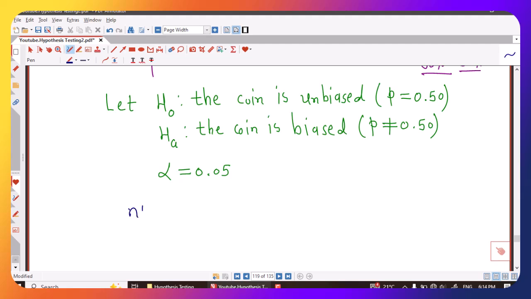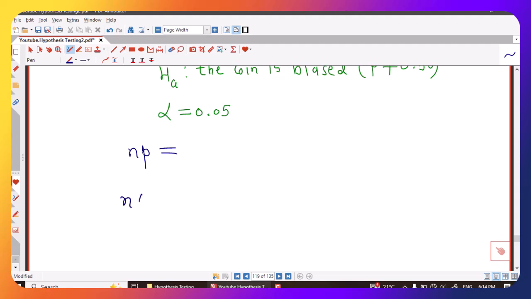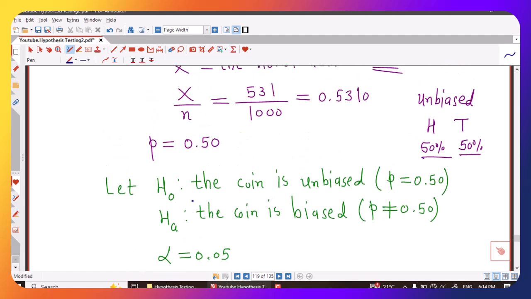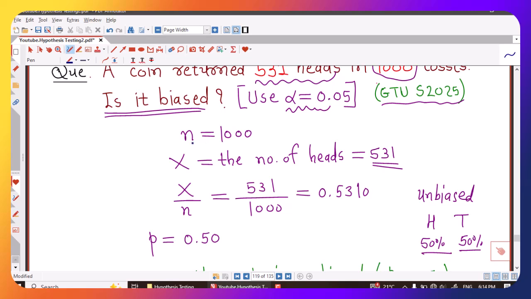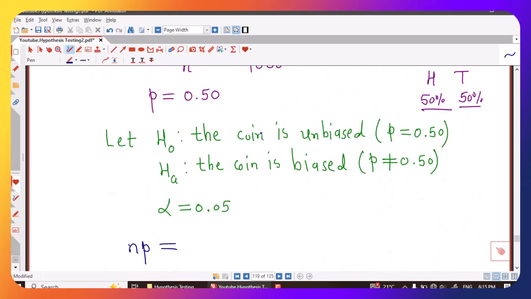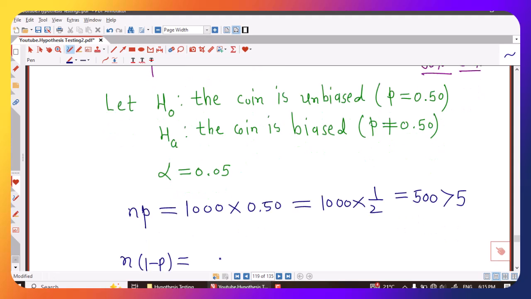We know that if n into p and n into 1 minus p are both greater than 5, then we can use the hypothesis test for population proportion. N means the number of tosses, that is 1000 into 0.50, which is 500, obviously greater than 5.